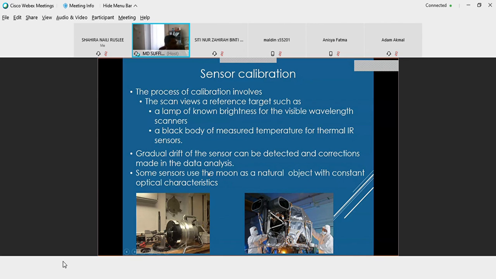And gradual drift of the sensor can be detected and correction made in the data analysis. So it already knows its multiplier, so when it sends data, we can directly do the calibration.